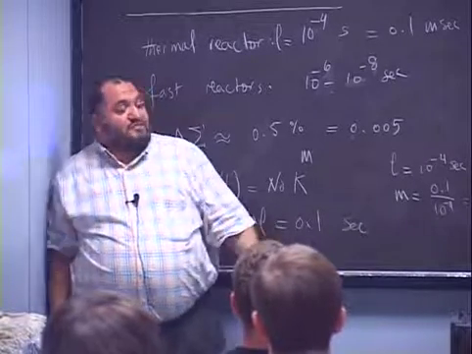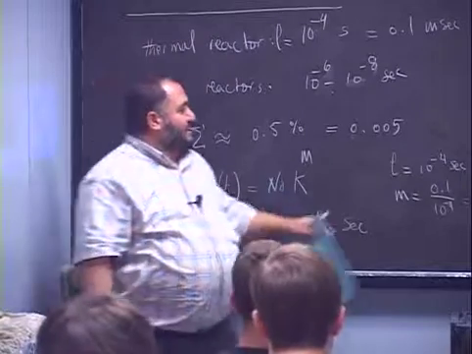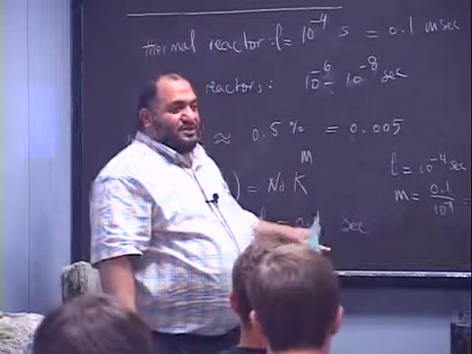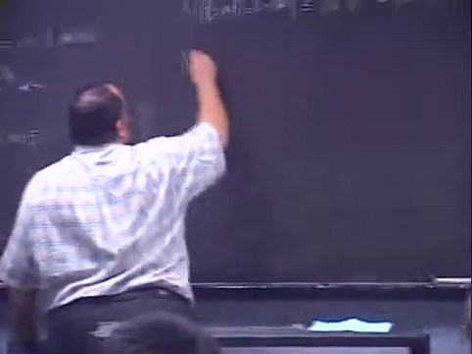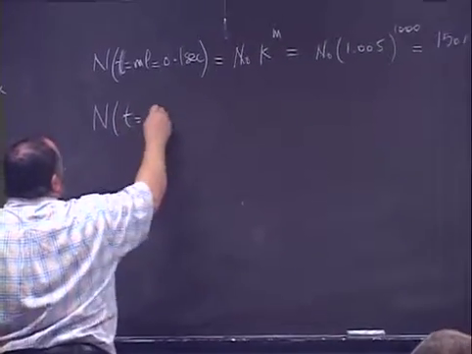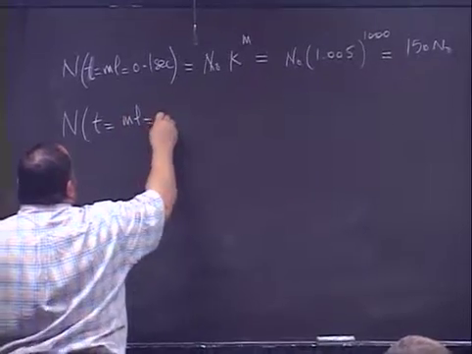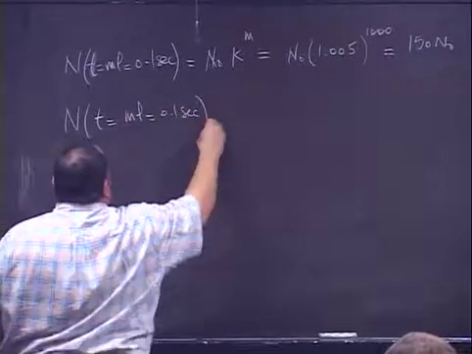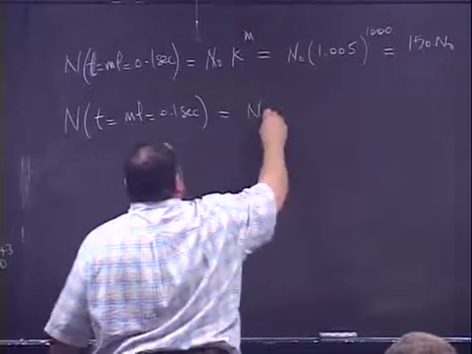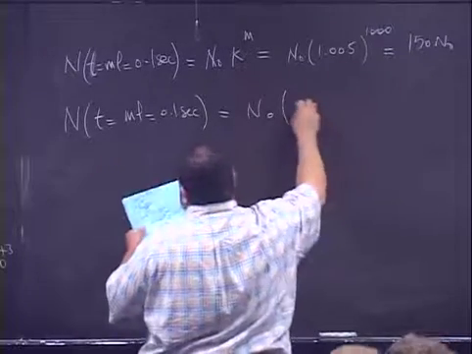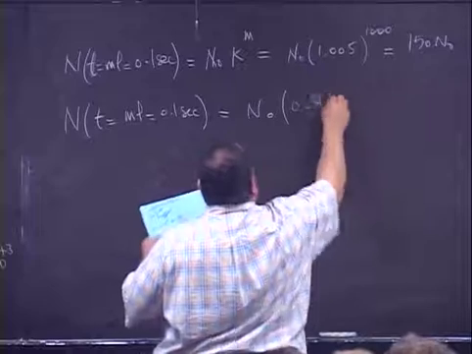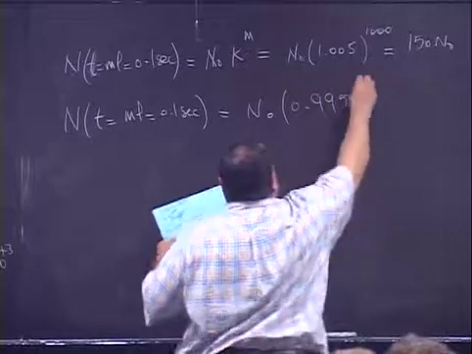If on the other side the change is not positive, the change is negative, so I will have N of t at M lifetimes equal to 0.1 second, and in this case N is still N naught, but the multiplication factor, instead of 1.005, will be 0.995 to the power of 1,000.